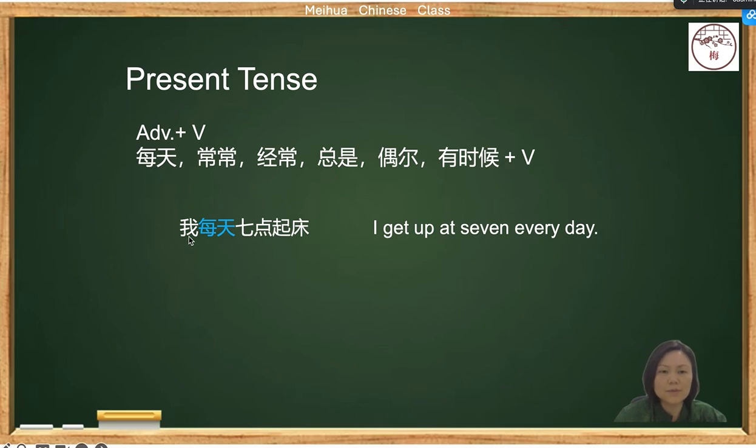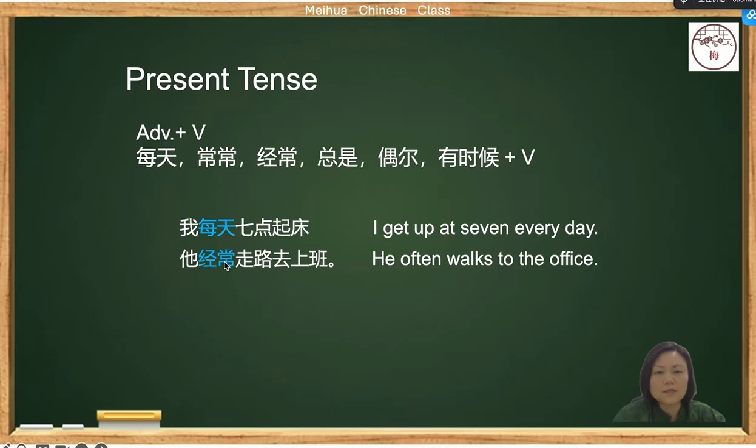For example, 我每天7点起床. I get up at 7 o'clock every day. So this is talking about somebody's routines, right? So it's a present tense. For present tense, actually we don't add any other character before or after the verb. The verb itself is enough.